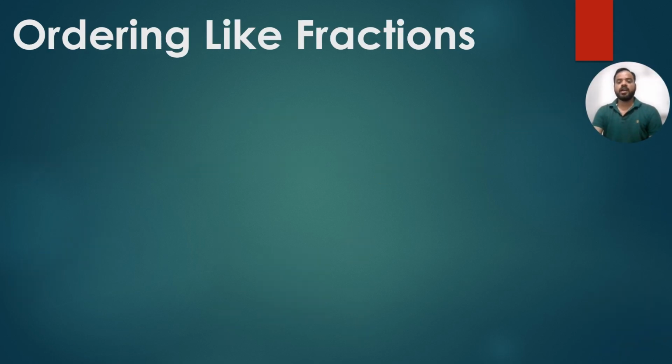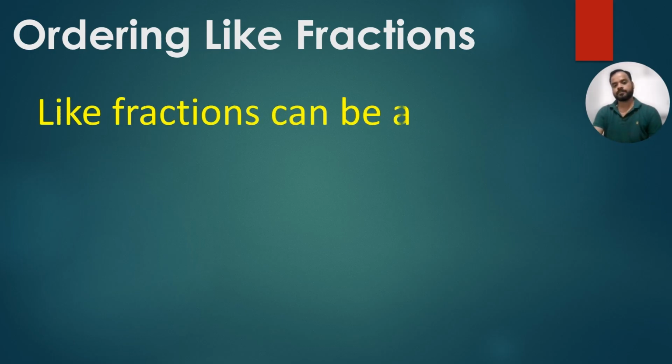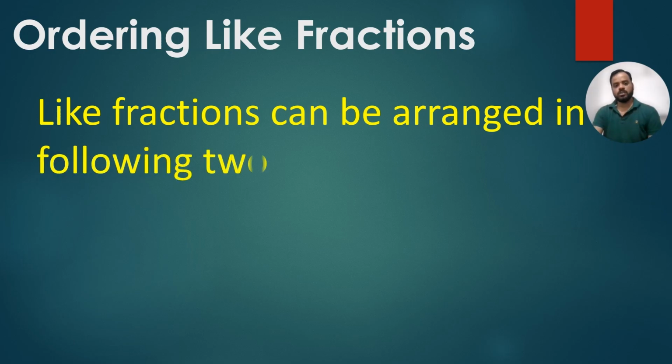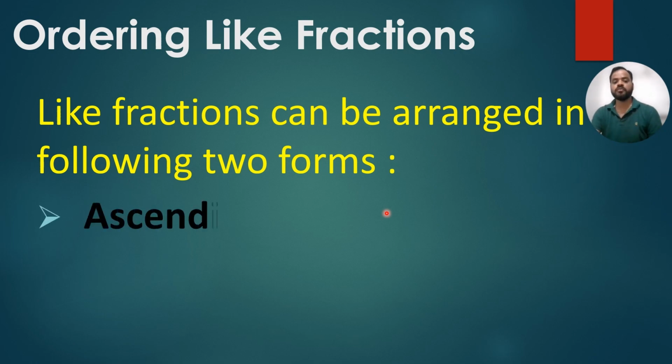Now we will see how to order like fractions, meaning we will understand the arranging order for like fractions. Like fractions can be arranged in the following two forms. What are those two forms?